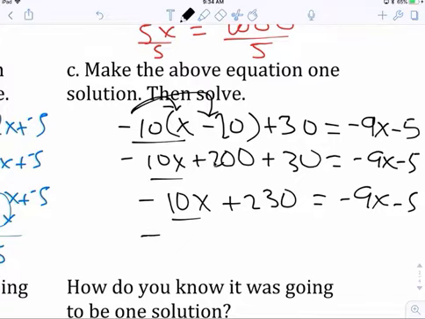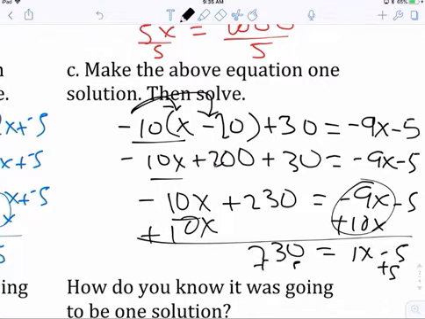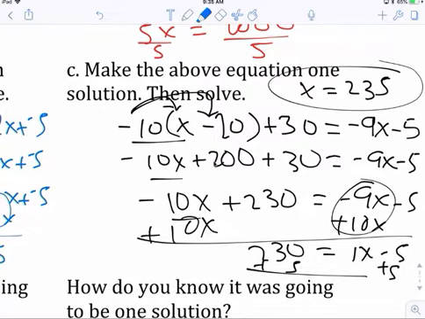I add 10x. Add 10x. You'll see why I choose negative 9. That's 1x. Minus 5 equals 230. Add 5. Add 5. So x for me here is 235. As long as the coefficients here are different, you'll get one solution, okay?